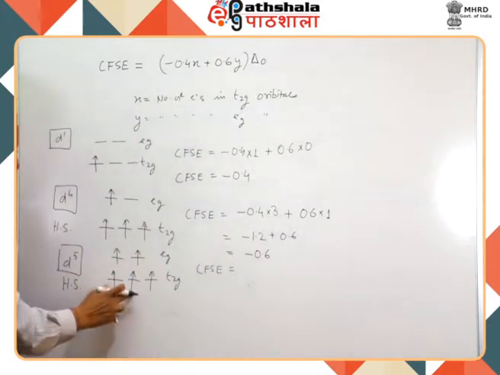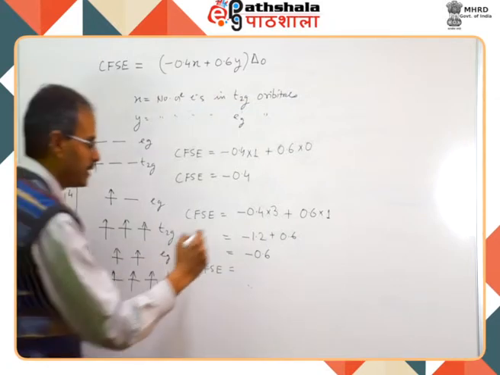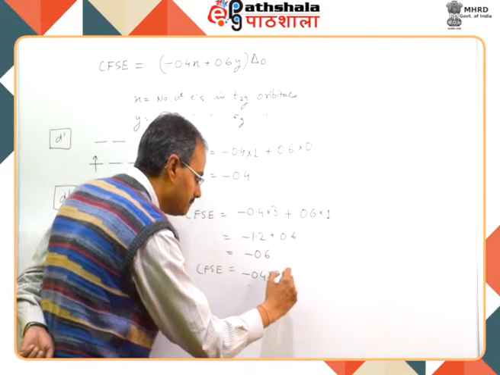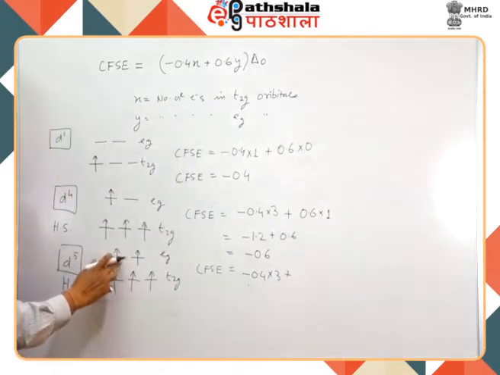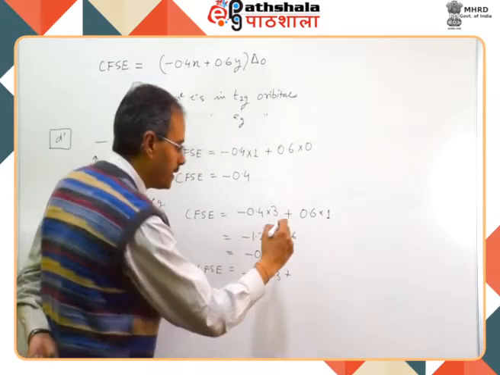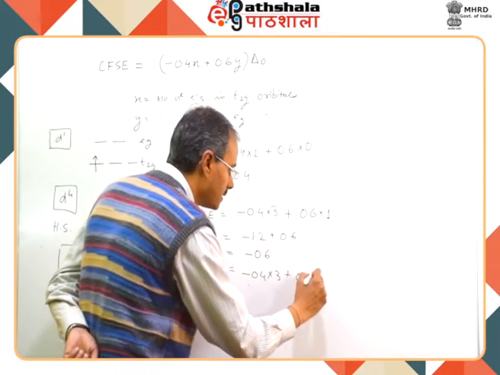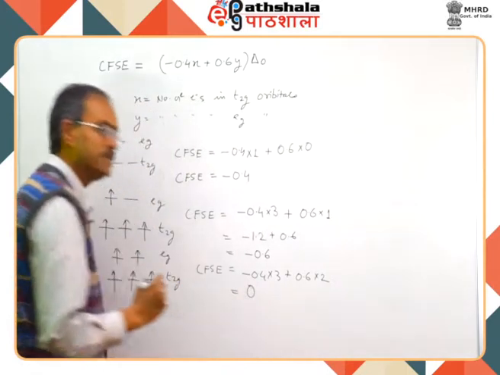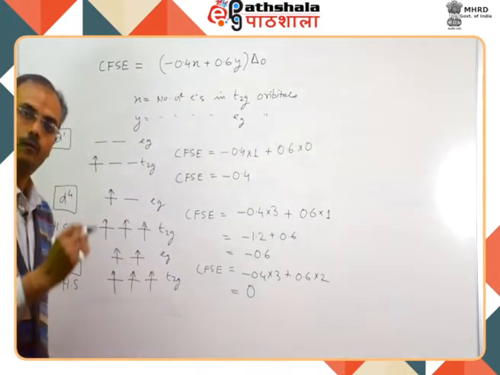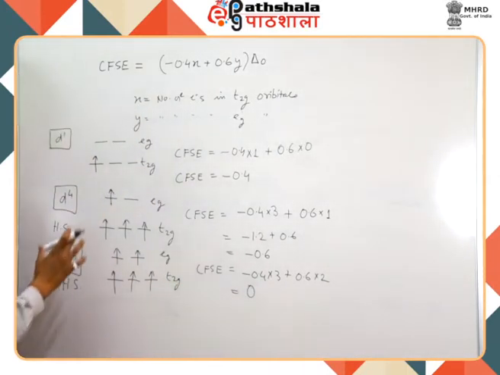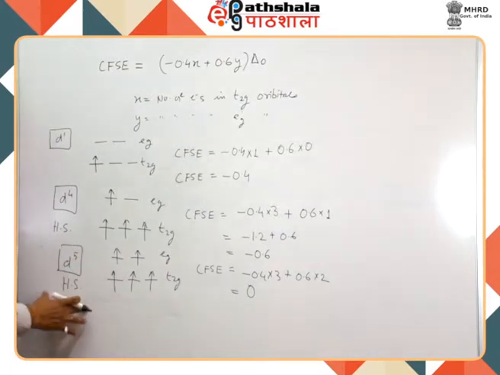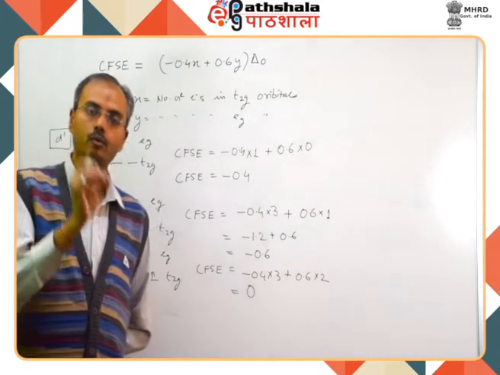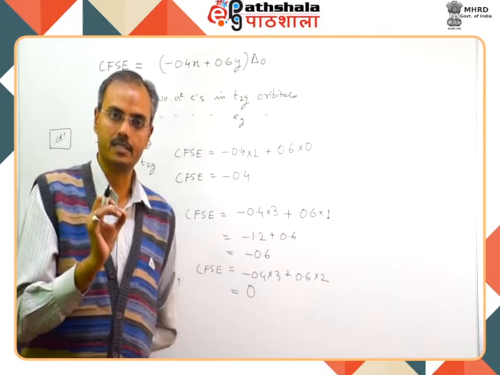We have 3 electrons in the T2G set of orbitals, so minus 0.4 multiplied by 3, plus we have 2 electrons in the EG set of orbitals, so 0.6 into 2, and we see the CFSE is 0. What is the meaning of that? Any metal ion which has D5 electronic configuration is going to be very similar to that of D0 electronic configuration.